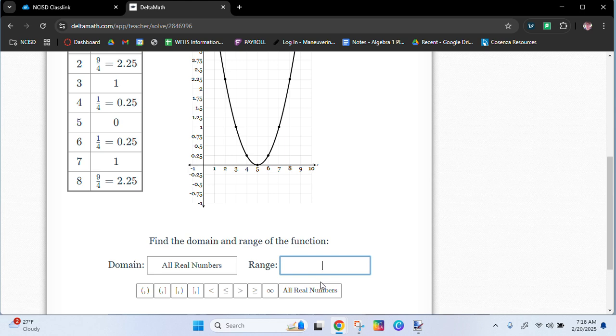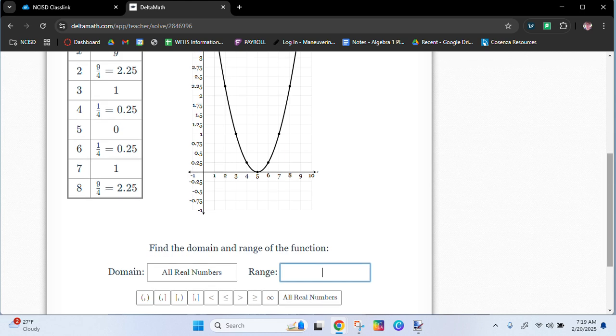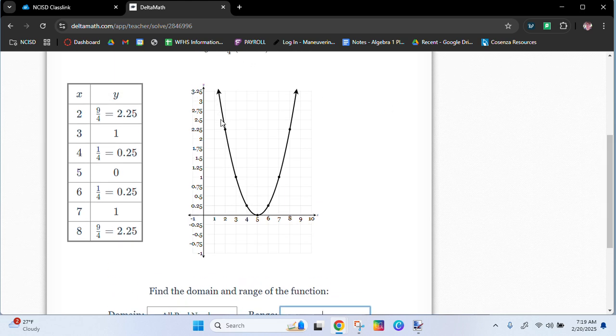As for our range, that is all of our possible y values. So when we look at this graph here, I want to find either my maximum or minimum value, and those are found at the vertex, okay? So if I don't have a maximum or minimum value, like let's say I had an arrow going up and an arrow going down, it would be all real numbers.